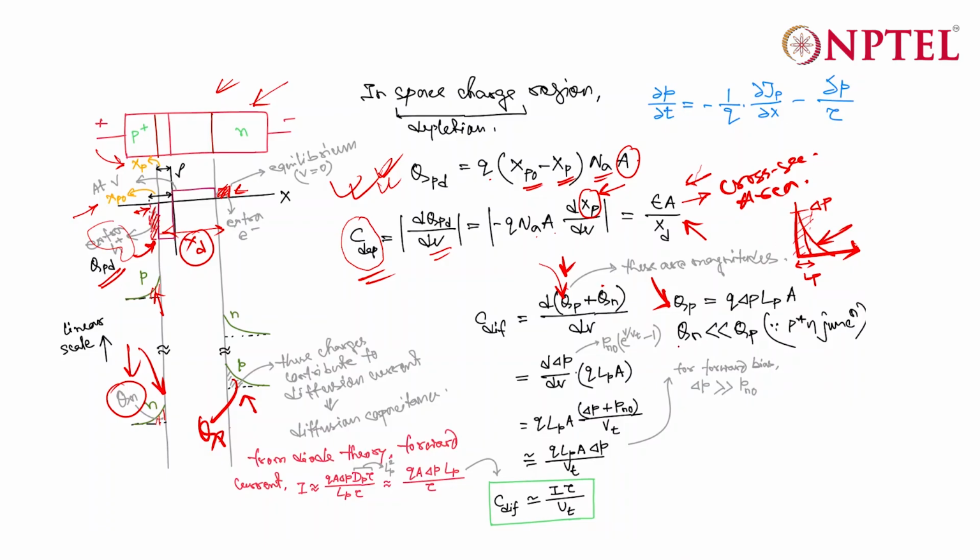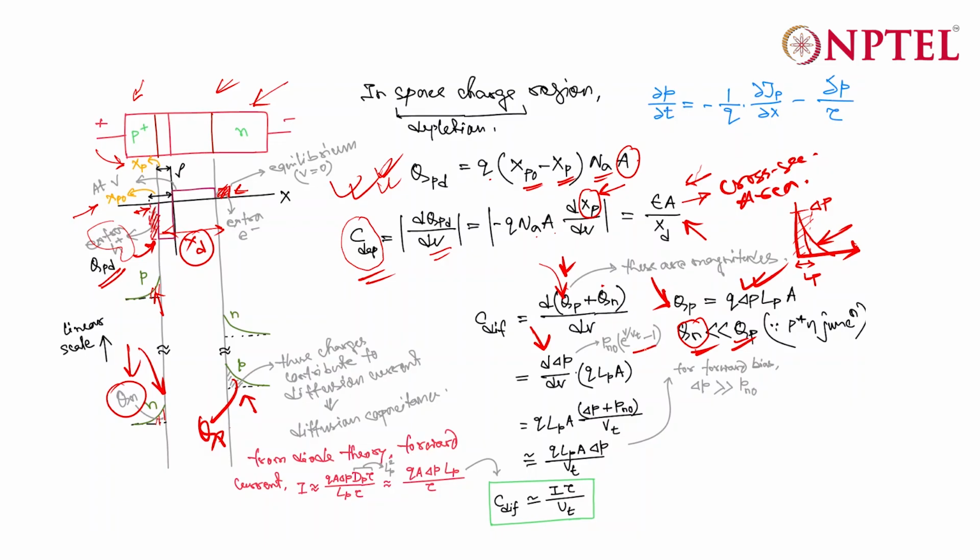You will find an expression of this kind, and for the sake of simplicity you can take Qn is much less than Qp because the doping in the p side is much higher than that of the n side. That's why you can neglect the Qn. So you will have an expression of this type, d delta p/dV into q Lp A.